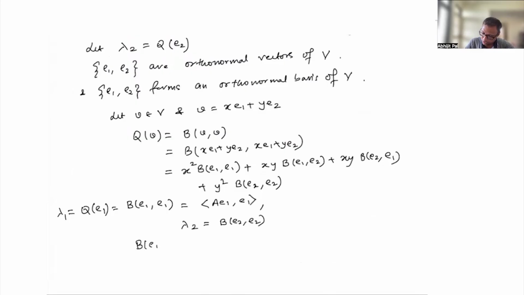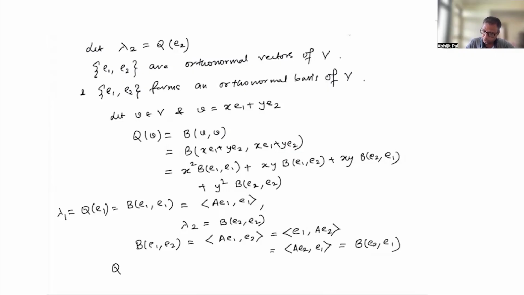And BE1 comma E2 is equal to the inner product of AE1 comma E2. Because A is self-adjoint, this inner product will be equal to the inner product E1 comma AE2, and since the inner product is symmetric, this will be equal to the inner product of AE2 comma E1. So therefore, this is equal to BE2 comma E1.